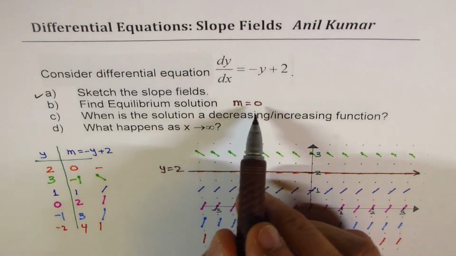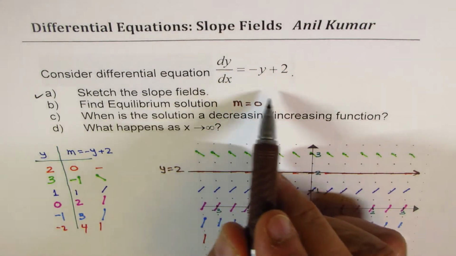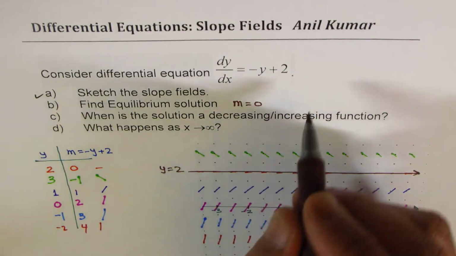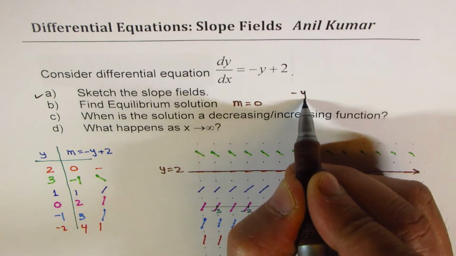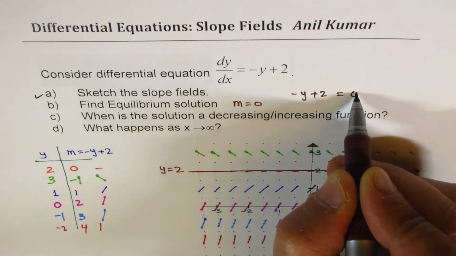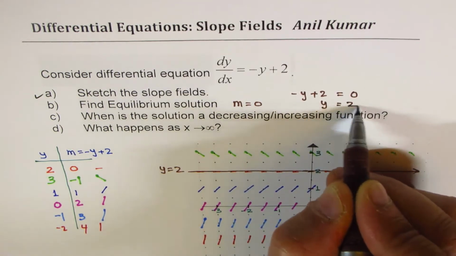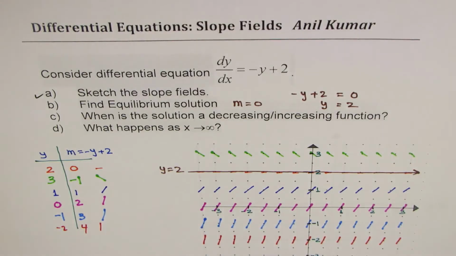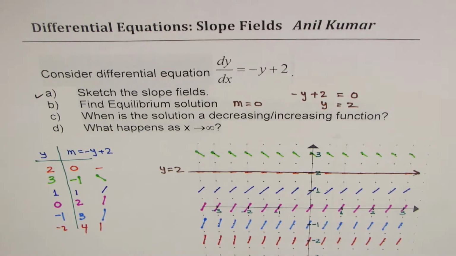You would also get the equilibrium equation by directly solving this equation. You can equate minus y plus 2 equals 0, and that gives you y equals 2 as your equilibrium equation, right? I hope that part is also absolutely clear.